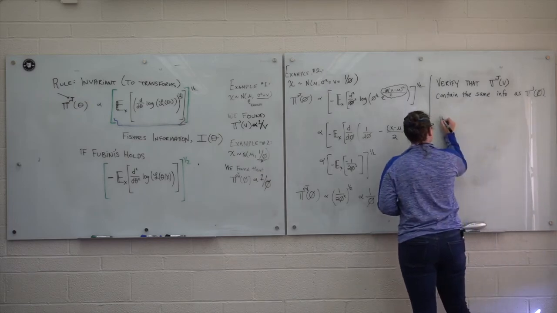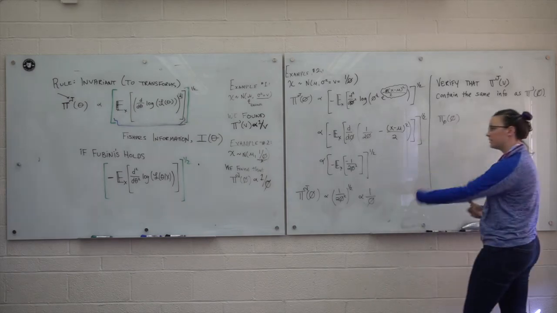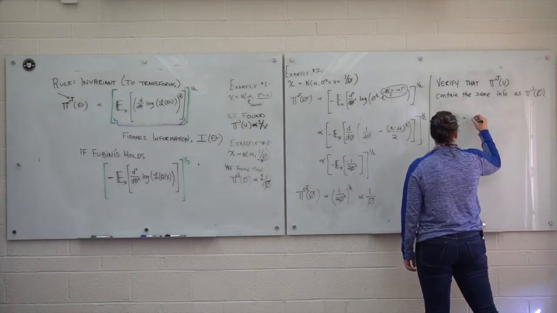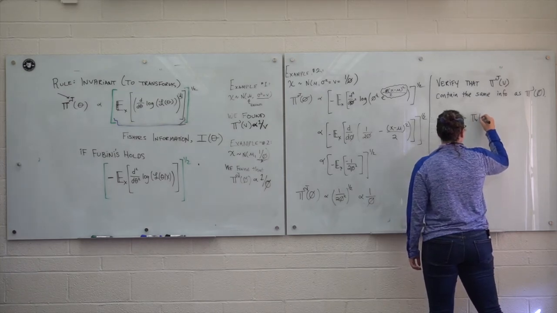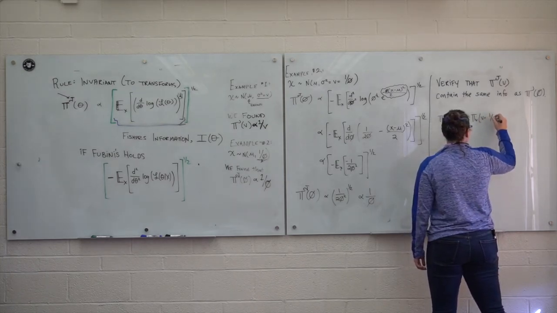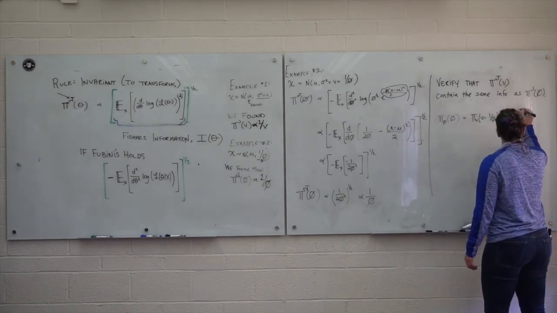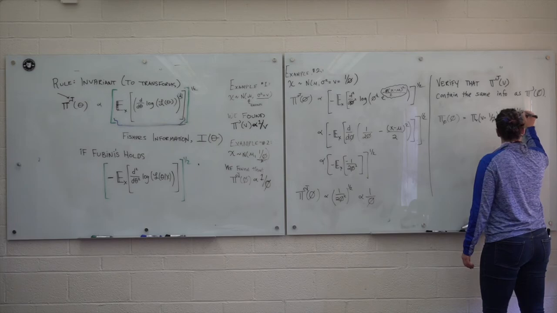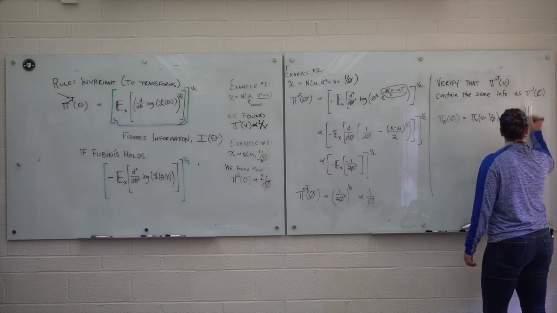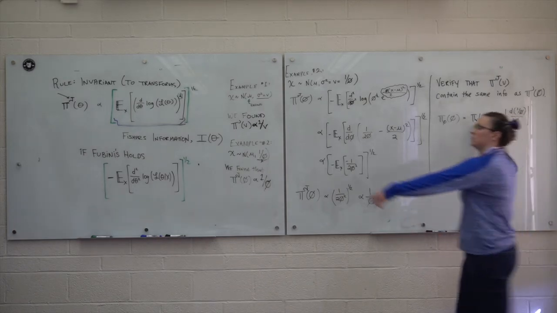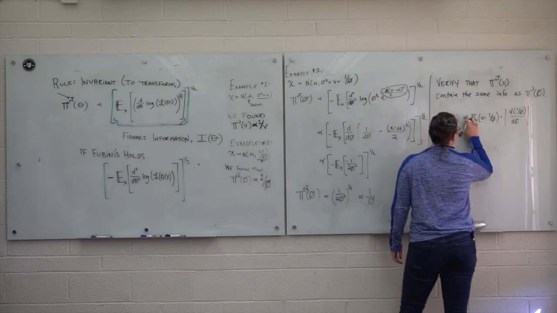If we were to do prior on phi through transform, so just doing transforms, our prior on v is 1 over v.